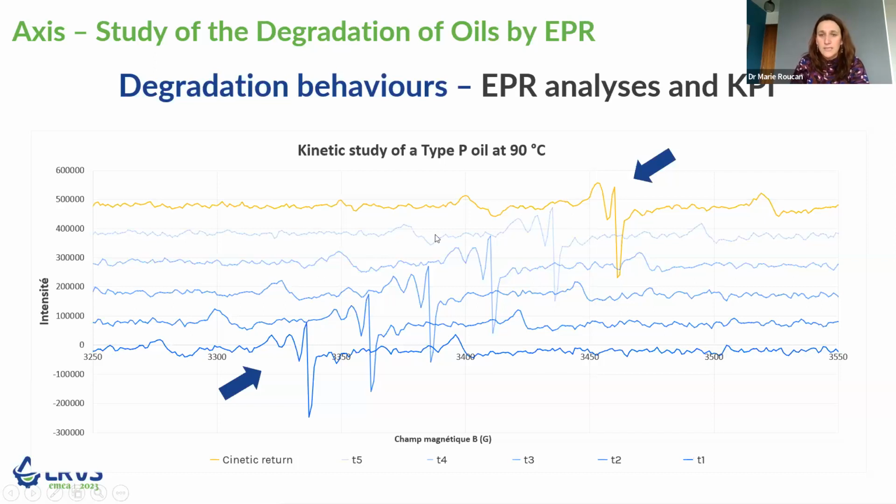Then you can see in this line that you start having a bit of a signal popping up, where you didn't have anything at the beginning. You can see the same thing on this part here, where you didn't have anything at the beginning, but here, I lost the mouse. Yeah, here you have something popping up. So you can definitely follow the aging of the oil with the EPR.